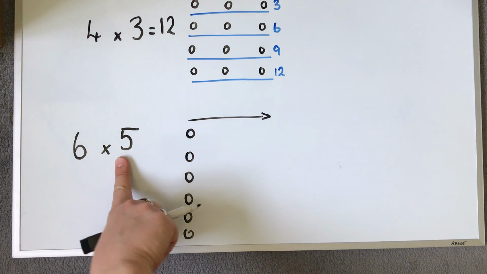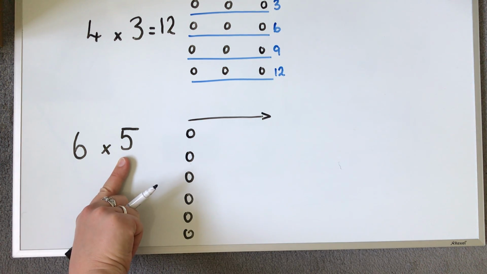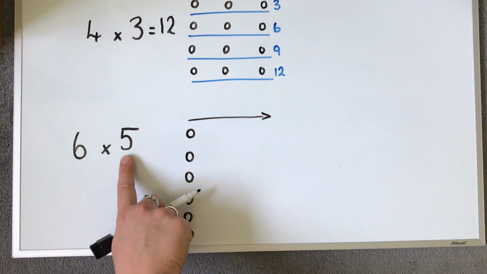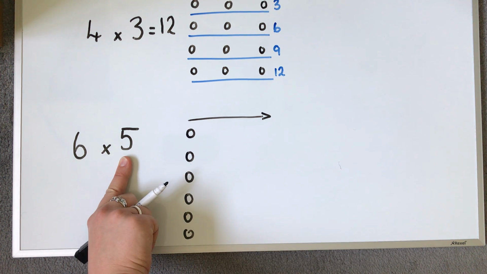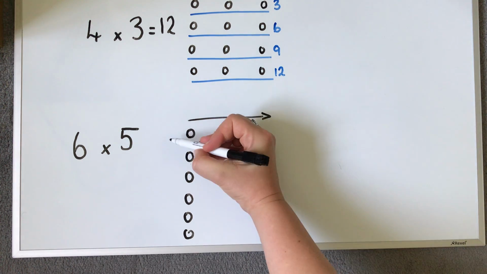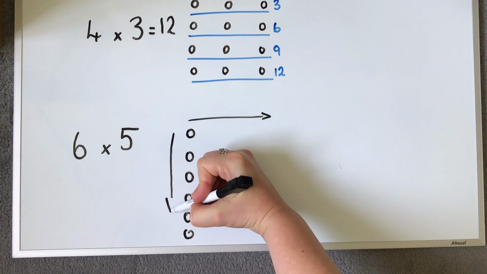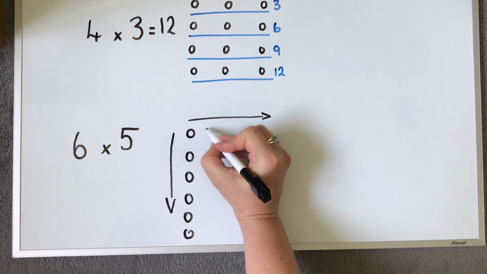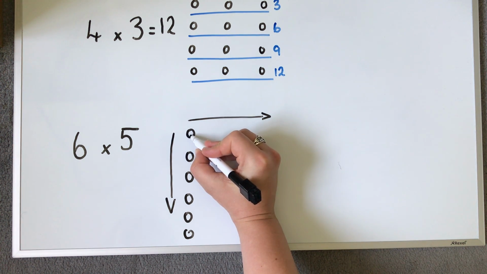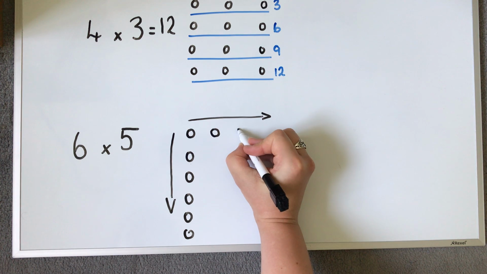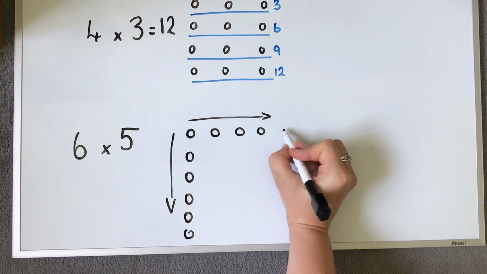In each of those rows, I need to have 5 apples. Of course, we're using dots instead of apples because they're a bit easier to draw. So we're going to end up with 5 columns, aren't we? Because the columns go down. So let's draw 5 apples: 1, 2, 3, 4, 5.